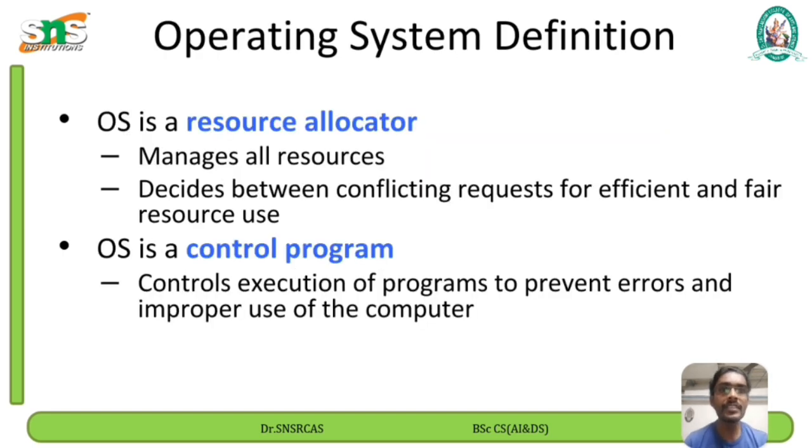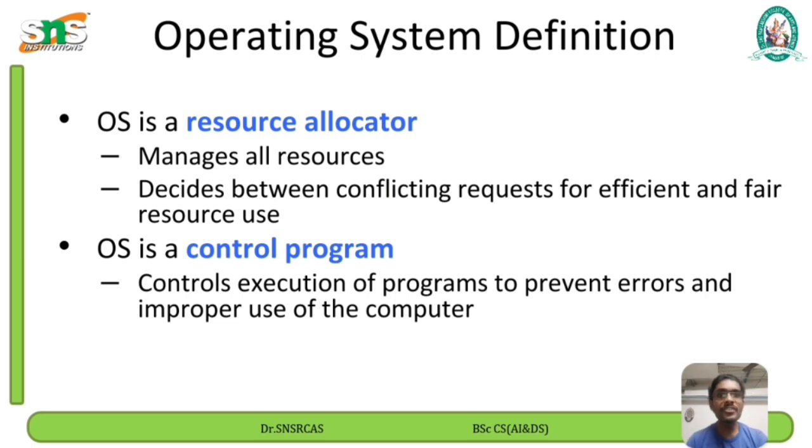The next point we are supposed to discuss is the definition. An operating system is a resource allocator. It allocates the different types of hardware components to users. Users are nothing but human beings and machines.